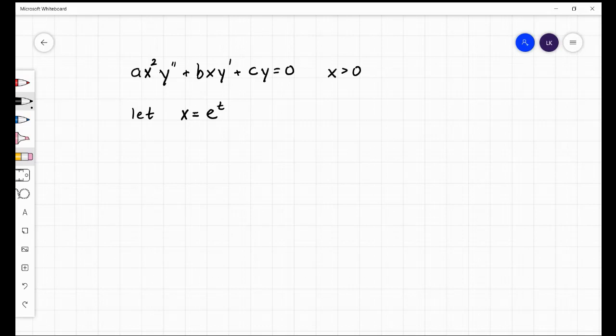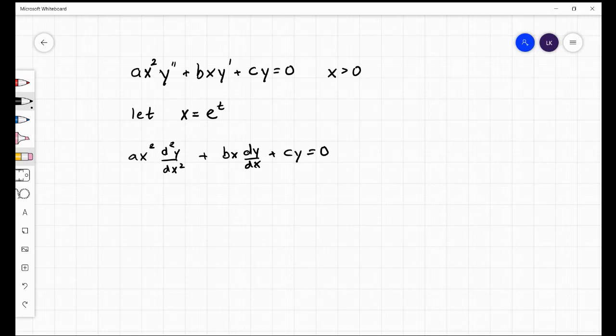Okay. So in order to do this, let's write this explicitly. This y double prime is the second order derivative of y with respect to the independent variable x. Y prime is the derivative of y with respect to x. Okay.